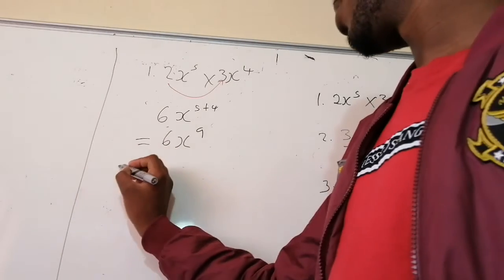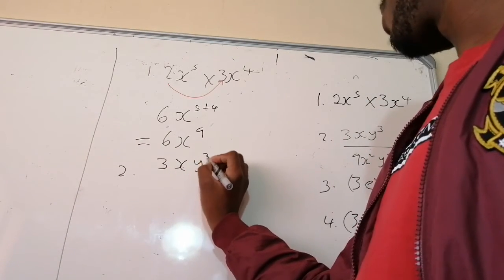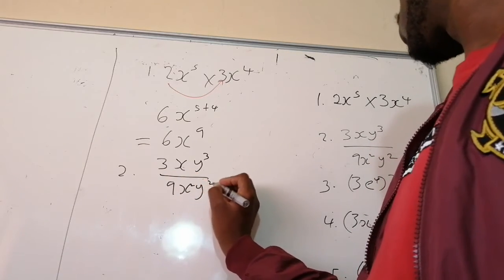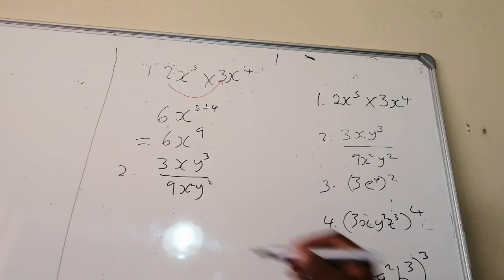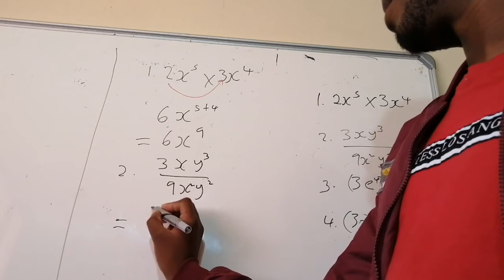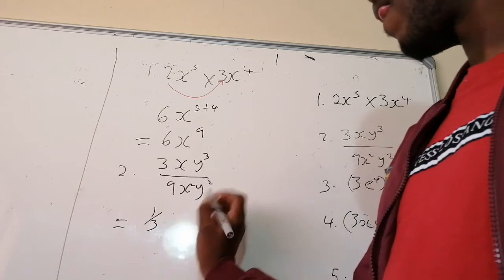Number 2, we have got 3x y cubed divided by 9 x squared y squared. Just like what we did above, the first thing we're going to do is divide the coefficients. 3 divided by 9 is the same as 1 over 3.